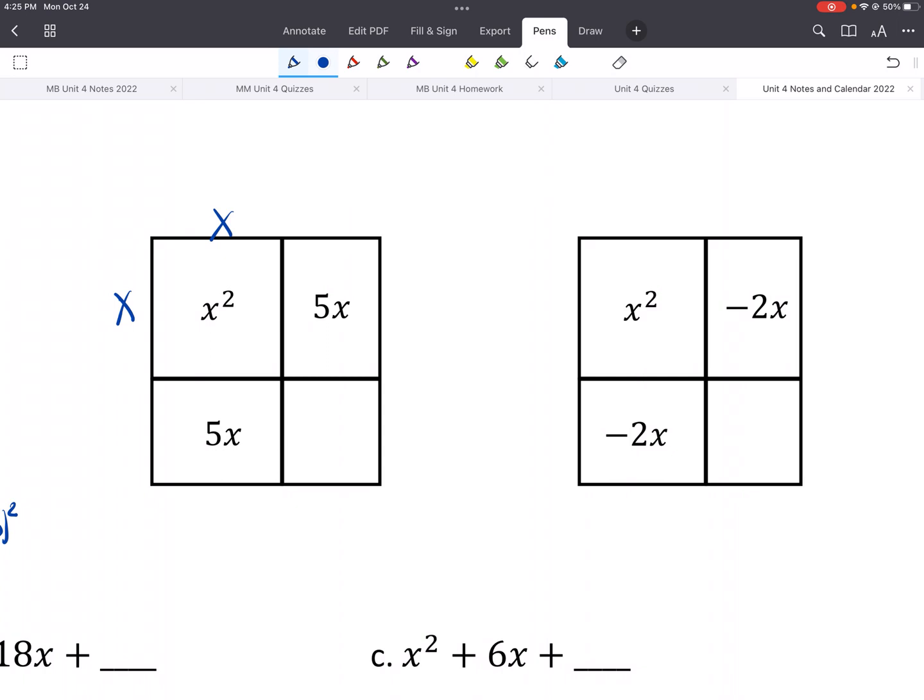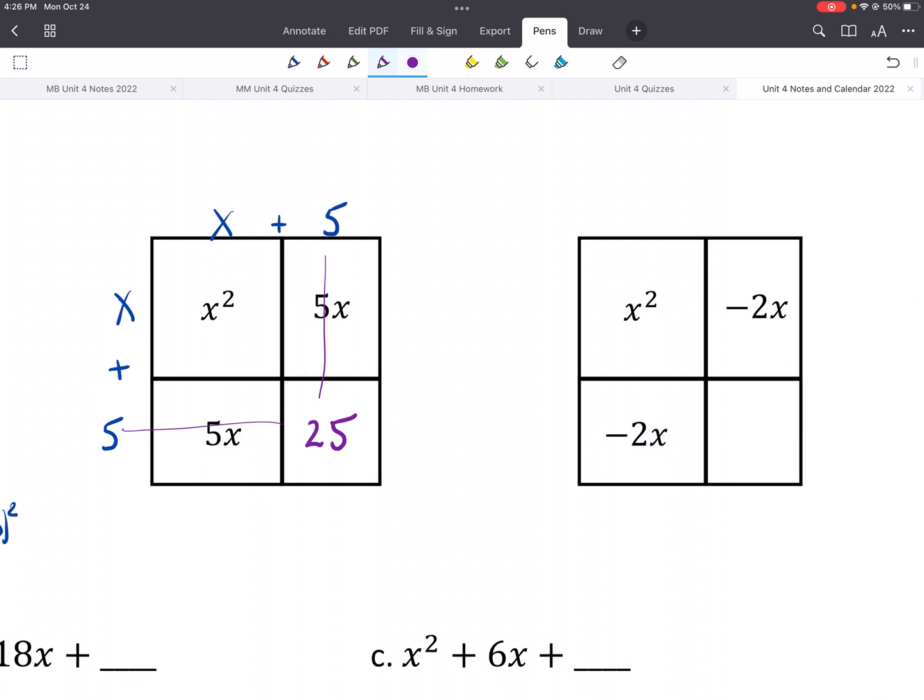This would have to be 5, because 5 times x gives us 5x. If we're trying to figure out the missing spot, we need to multiply those together to give us 25.